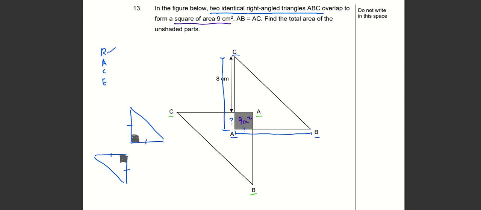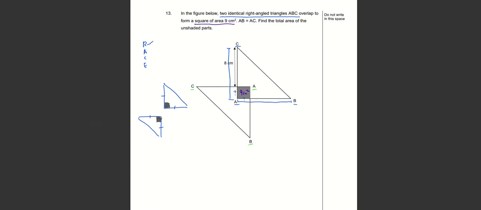Now with the information, let's look at if I can find the length of the square. Since it's given that the square is 9 square centimeter, and because I know that squares are very interesting shapes, that the areas are square numbers actually, if the area is 9 square centimeter, that will mean the length of the square will be 3 centimeter. Why?